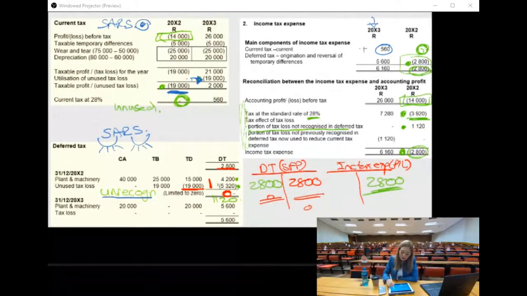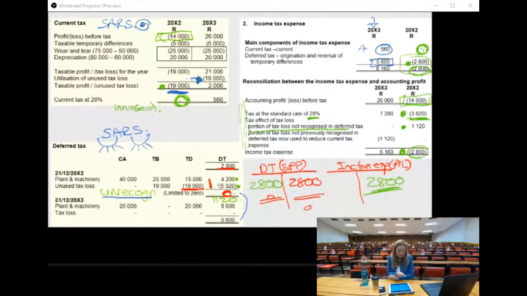This amount would have been higher if we did not have that tax loss. Okay, but remember now the movement in deferred tax only shows a portion. So from the 0 to the 5,600, that includes only a portion of that actual tax loss that now reversed in the 20x3 year.